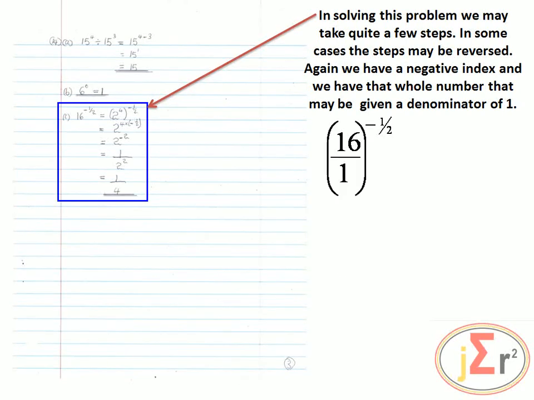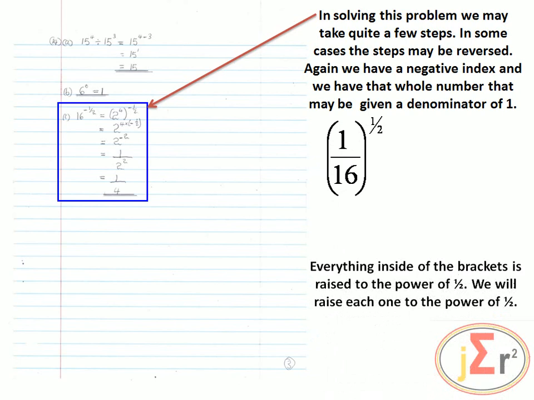So we have a negative index, and we intend to write it as its reciprocal and change the sign to positive, like so. Everything inside of the brackets is raised to the power of a half. We will raise each one to the power of a half.